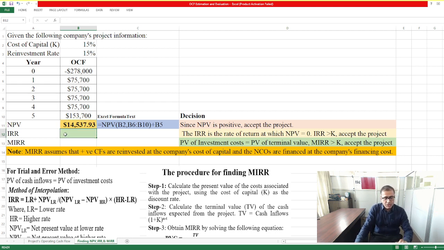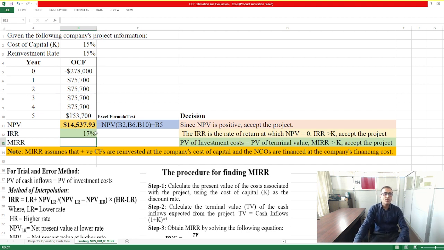Now what about the internal rate of return? IRR is the rate of return where NPV is 0. That is the key point that you need to understand here. In Excel we quite easily calculate IRR, internal rate of return. You just select all cash flows including your initial investment, that is B5 to B10, and then just enter it.